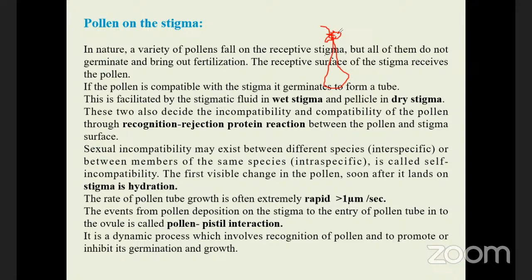There is a rejection and recognition protein reaction between the pollen and the stigma. Whatever pollen fell on the stigma, a reaction takes place between the two. Whether it is recognized and acceptable as the same type of genotype or not, it will be rejected. Whether it is accepted or rejected depends upon the proteins on the pollen and on the stigma.